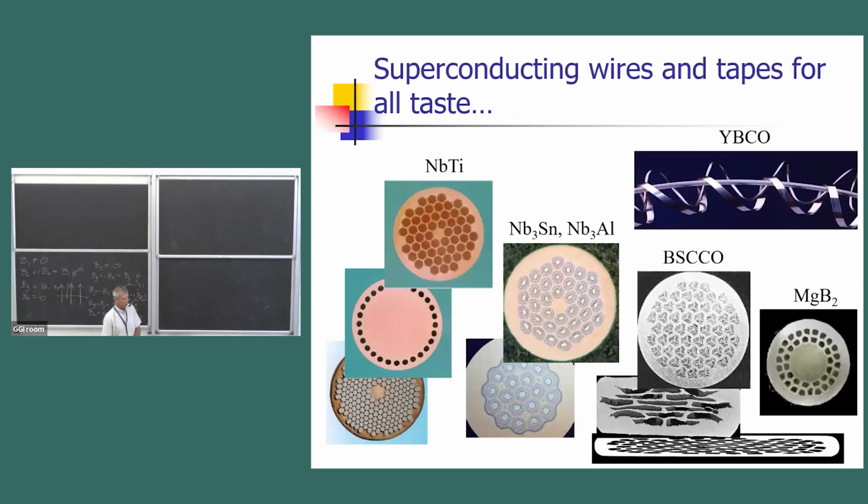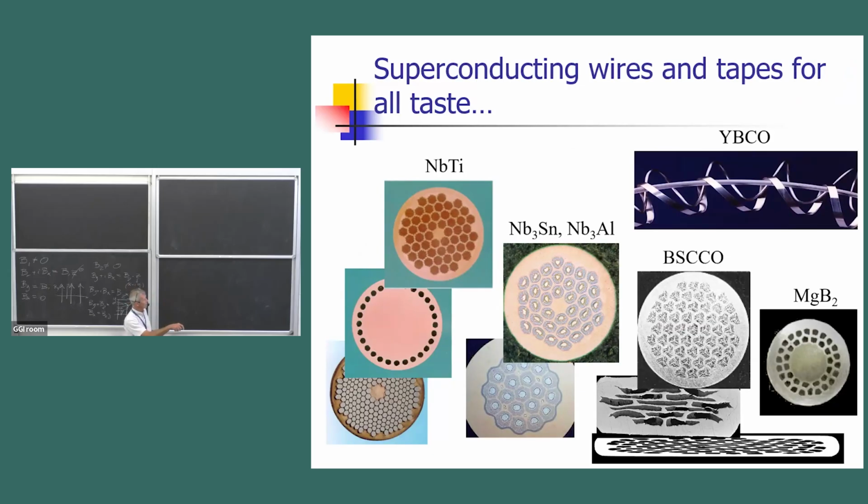Right, so far you've seen a lot of theory. So actually, how do these wires look? We'll come back later on to how you make them, so you understand what's inside. But essentially, they look like wires like this, where we have the filaments here, a multifilamentary structure that you can recognize, and that's the superconductor. Or that's a composite which contains the superconductor and residuals of the superconductor formation.